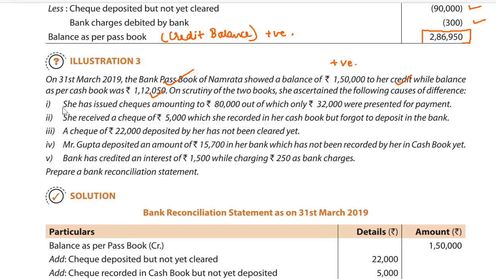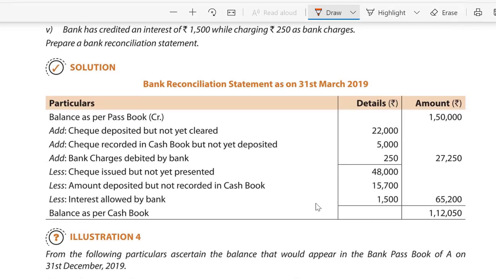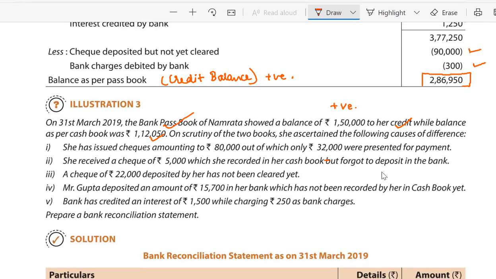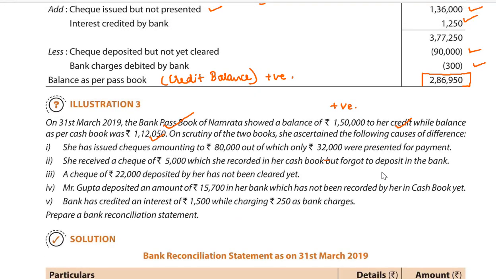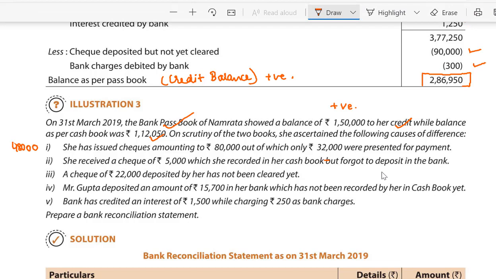On scrutiny of the two books, she ascertained the following causes of difference. Number 1, she has issued a check amounting to 80,000, out of which 32,000 were presented for payment, and the rest of the check is not presented for payment. So check issued but not presented for payment is 48,000 over here.